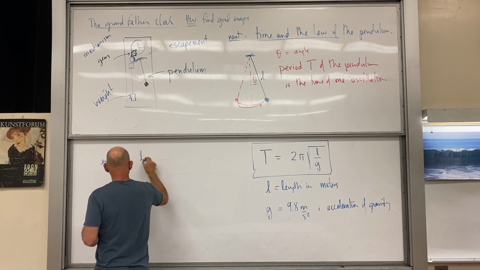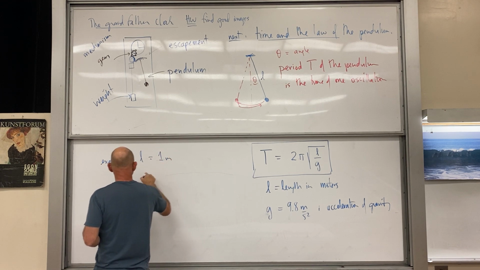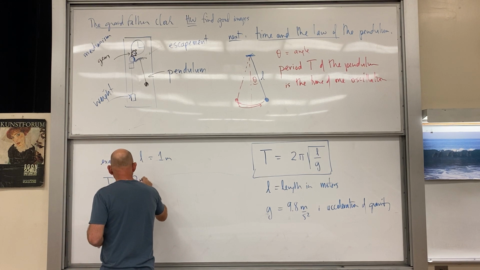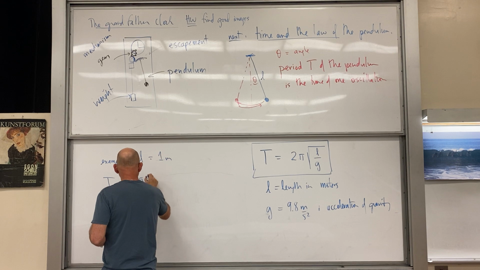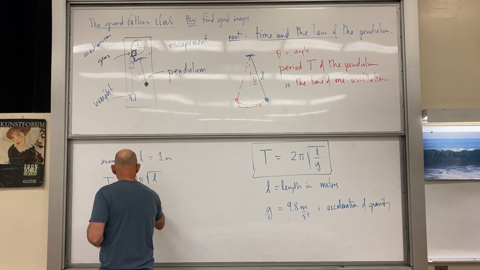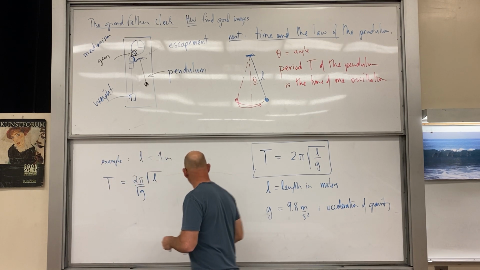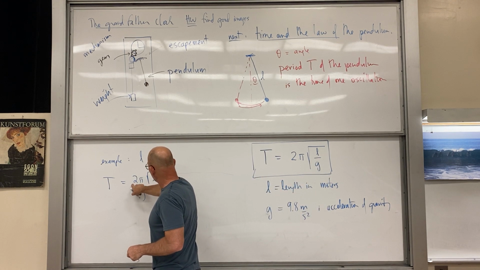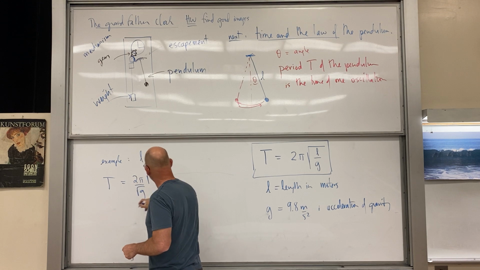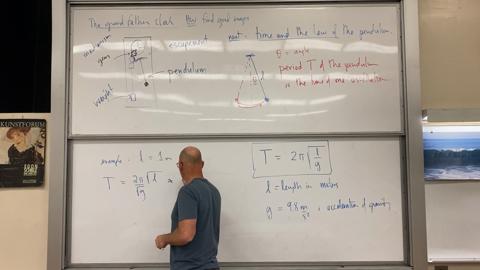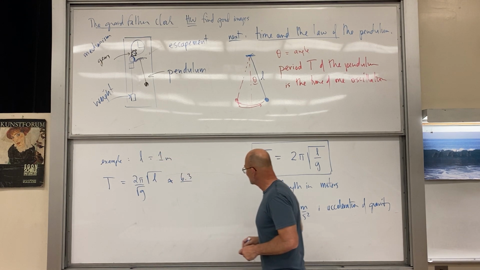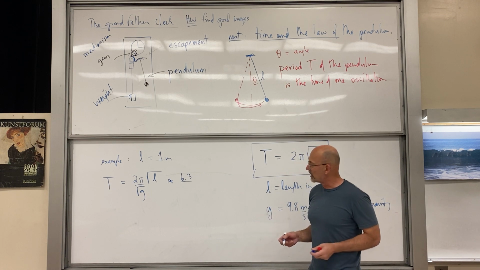Example, L equals 1 meter, T is equal to 2 times pi square root of L divided by the square root of G. So I'm just taking this expression apart here, and I'll just write approximately, what's 2 pi? That's approximately 6.3, and the square root of 10 is approximately 3.15.